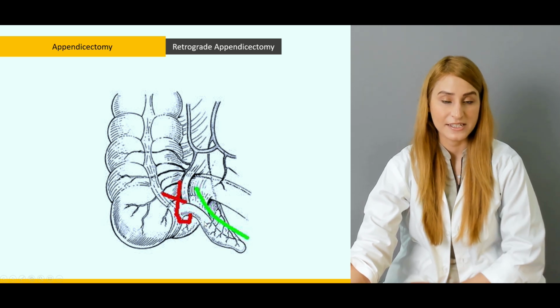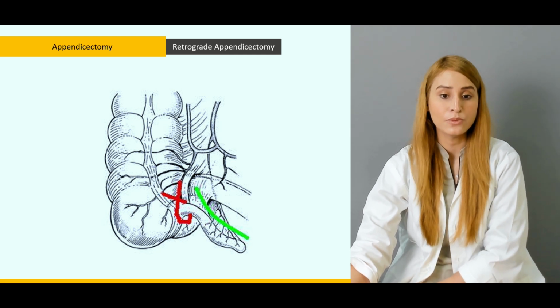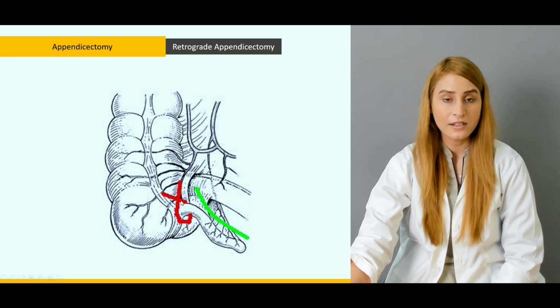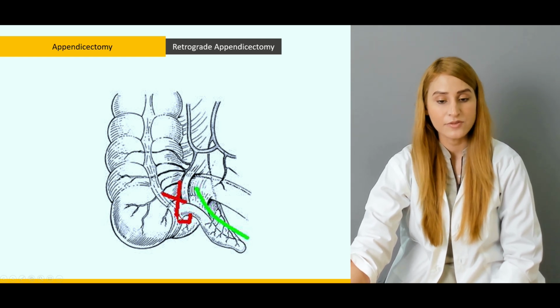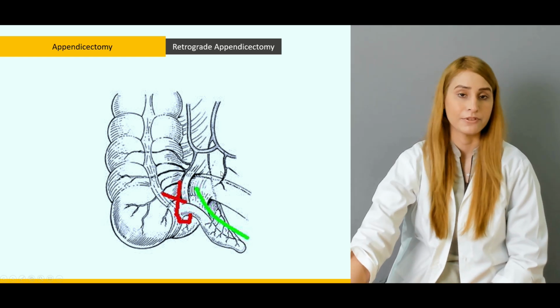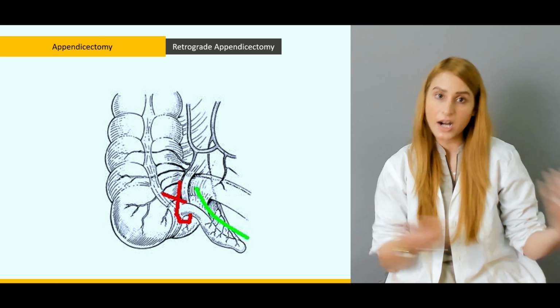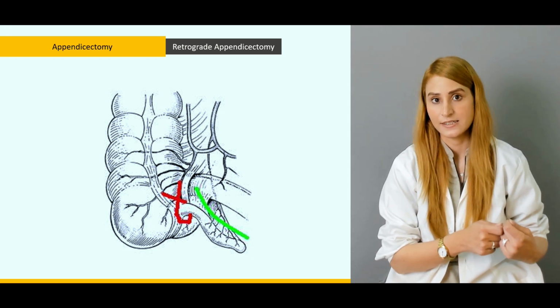Normally the appendix lies here, but in the retrograde appendectomy, you ligate, this was the first knot you're taking, but you're not tying the base of the appendix. You have to be very close to the cecum in the retrograde appendectomy. What you do is you go behind the cecum and then you tie the knot just close to the cecum, right?